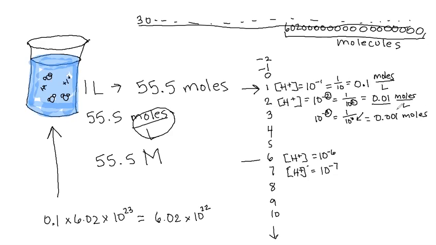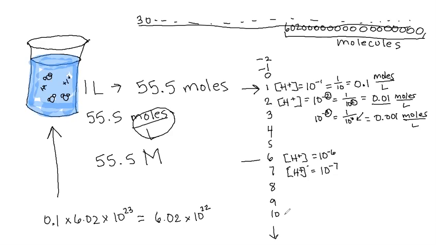And notice that each time we go down a pH point, we are getting 10 times less concentrated because that exponent is on a 10, right? So we were 1 out of 10, 1 out of 100, 1 out of 1,000, then we'll be 1 out of 10,000. So each time we're kind of diluting it by 10.